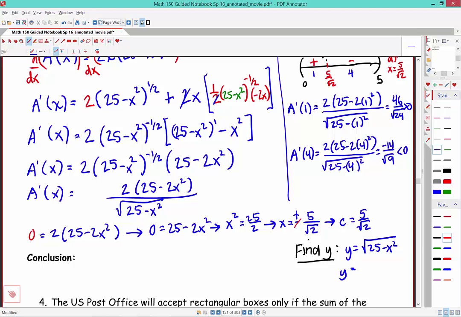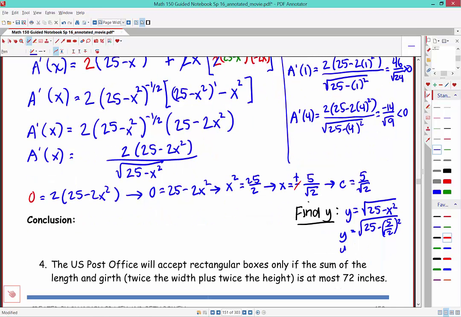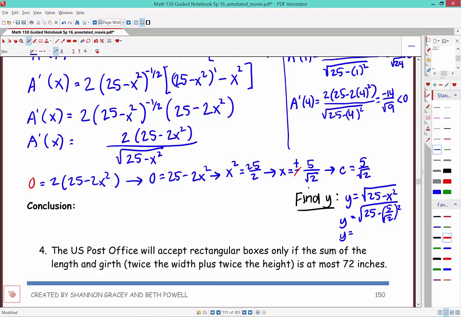So y is the square root of 25 minus 5 over root 2 squared, which will give us 25 minus 25 halves, which actually gives us root 25 halves with a little algebra, which is 5 over root 2. Wow, what a surprise. So remember that the base was 2 times x, right?